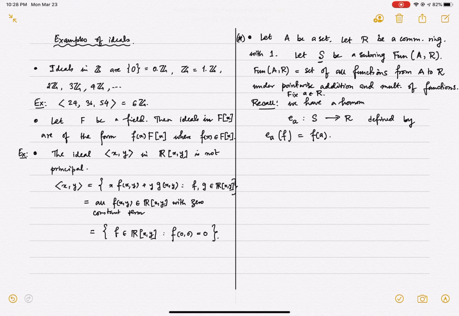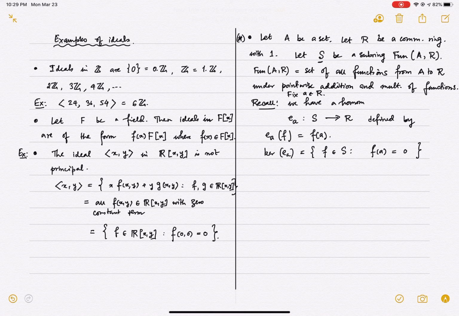What is the kernel of this homomorphism? The kernel of this homomorphism is all the functions in S such that E sub A of f is 0, meaning f of A is 0.